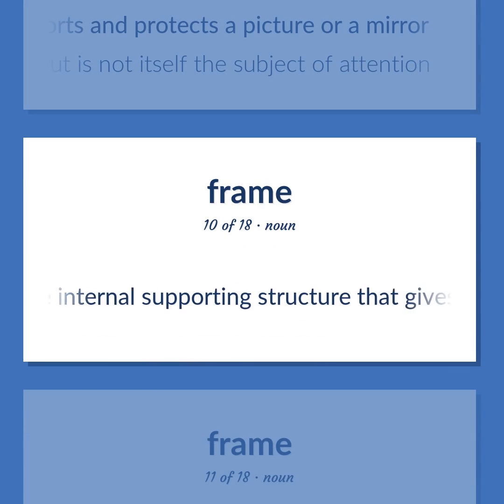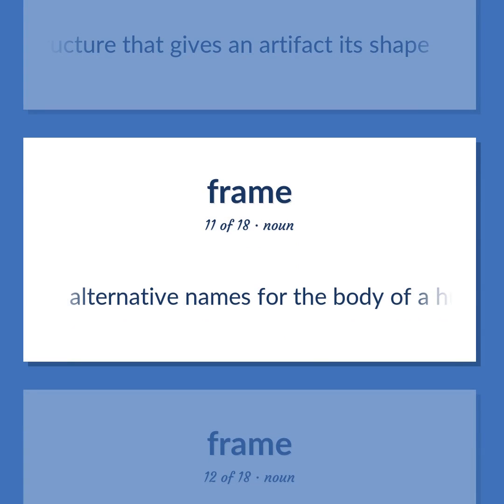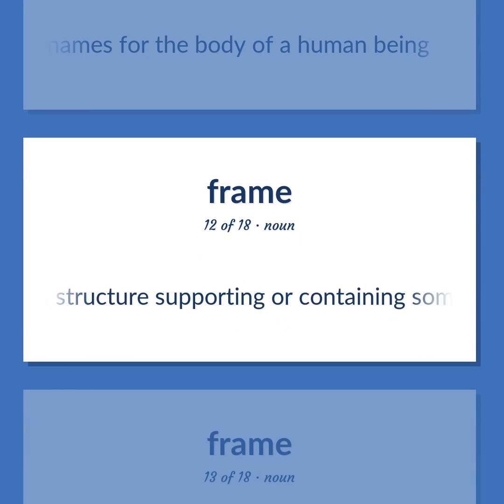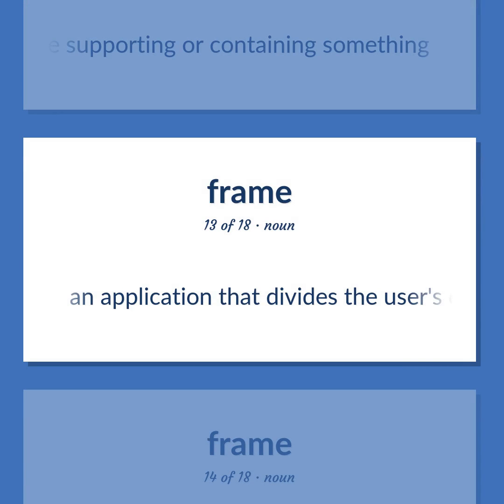The internal supporting structure that gives an artifact its shape. Alternative names for the body of a human being. A structure supporting or containing something. An application that divides the user's display into 2 or more windows that can be scrolled independently.